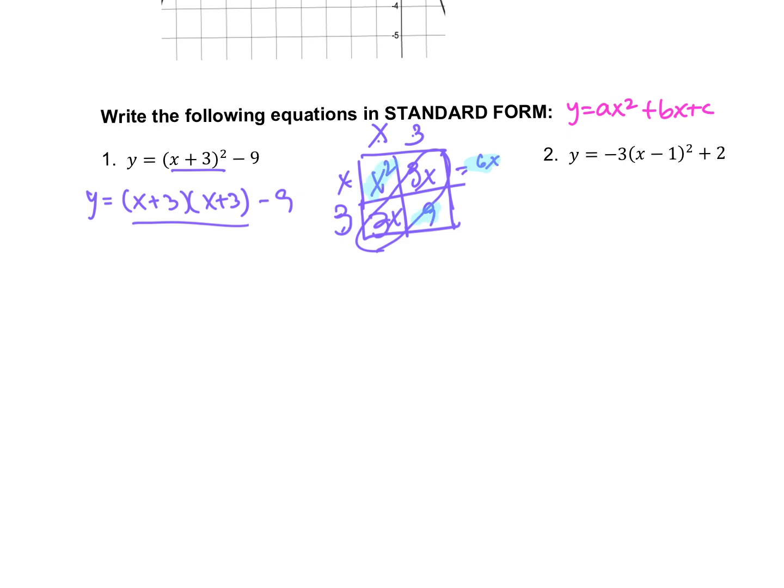So I'm going to write equals x squared plus 6x plus 9 minus 9. Clean this up, 9 minus 9 by combining like terms. So 9 minus 9 is 0. So our final equation is this.